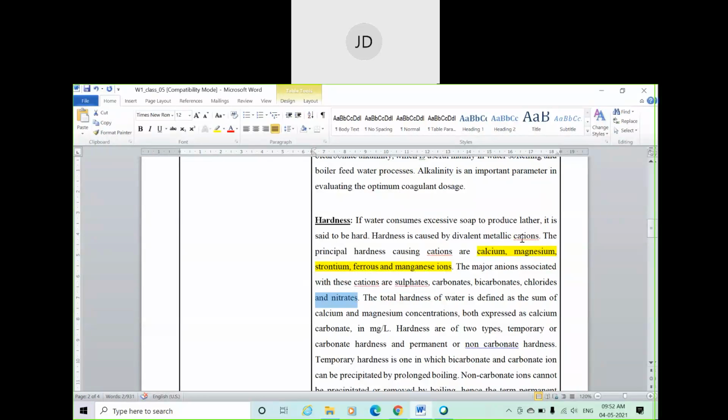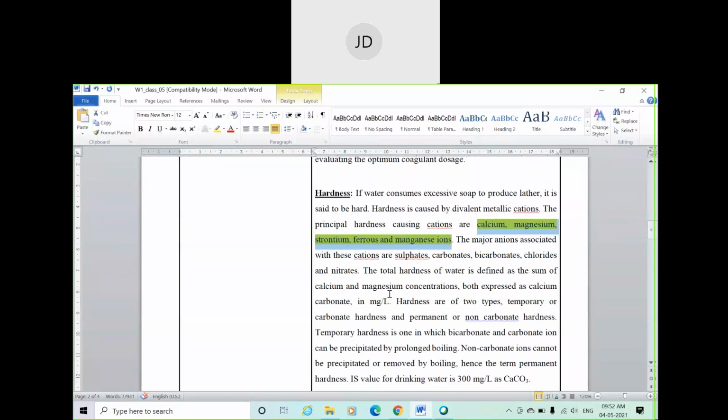That means calcium, magnesium, ferrous, strontium, manganese ions have a plus charge, so they are cations, and these others are anions. They combine together and form hardness in water. You have already covered this in the previous semester. This hardness is represented in milligrams per liter in terms of calcium carbonate.